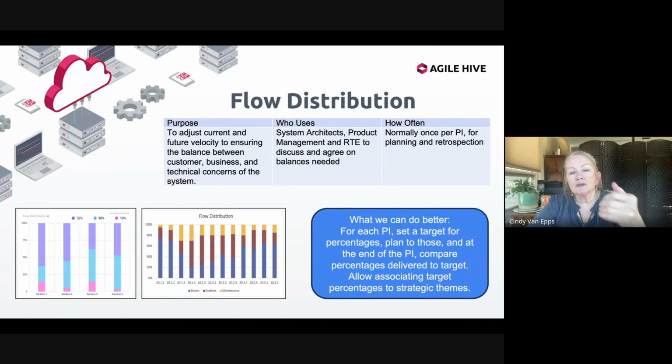So why do we use flow distribution? What is it? It is really the representation of what is our distribution of the work across different time boxes.